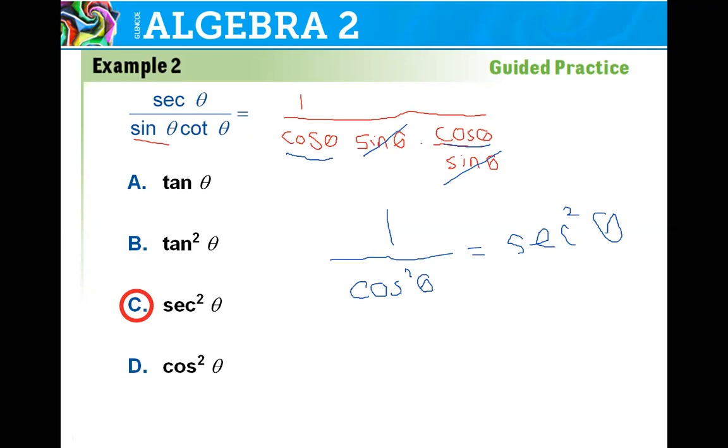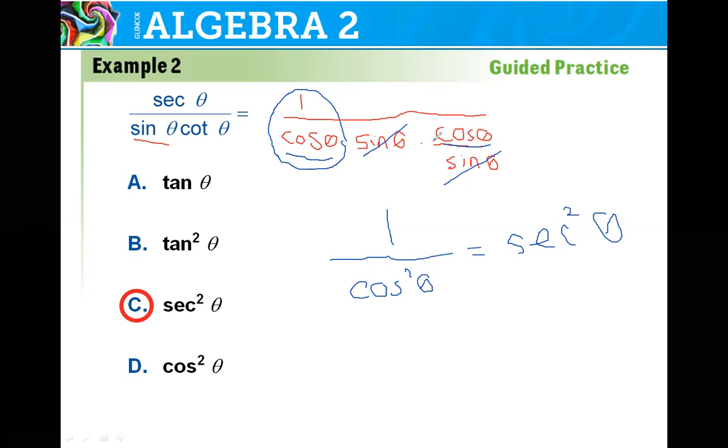So as Khalid started the problem, we have sec. We change sec into 1 over cosine. So where is sec? This is the sec of this angle. Okay, I change from sec to its reciprocal, which is 1 over cosine. And then sine theta as it is, and cotan as cosine over sine.